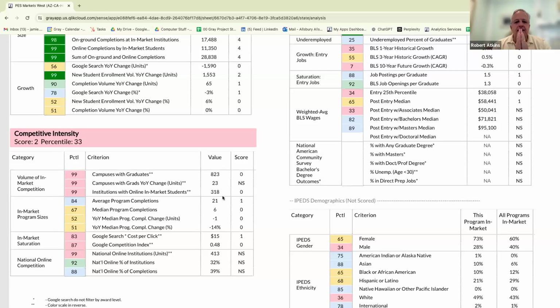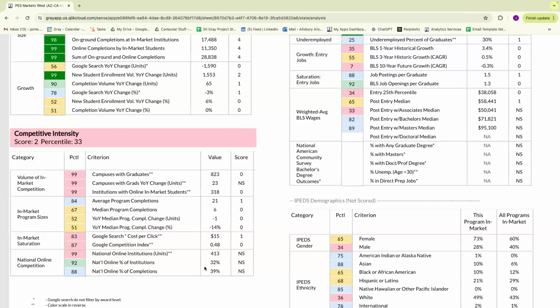A little on the small side. Yeah. Do keep in mind a completion is not a student. Typically, we're going to be looking at a couple of years of students involved, so something like twice as many students in the program as would complete. In a 4-year program, that'd be more like 6 times as many students. Right.